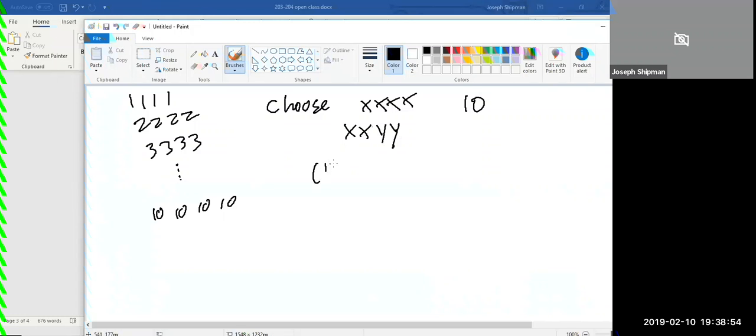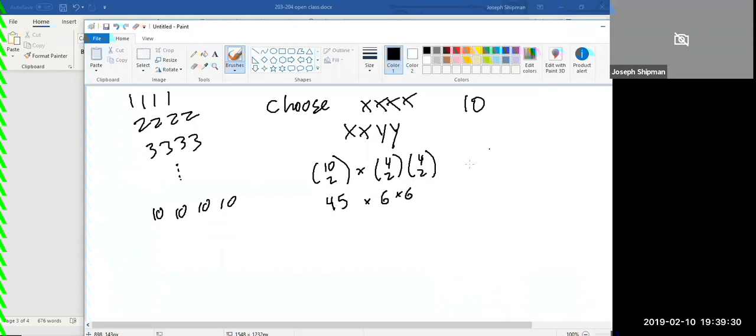We have 10 choose 2 ways to choose X and Y, times 4 choose 2 ways to choose the 2 out of 4 X's, times 4 choose 2 ways to choose the 2 out of 4 Y's. So let's think. This is going to be 45, 10 times 9 divided by 2, times 6, times 6.